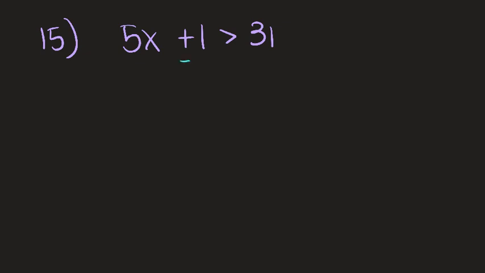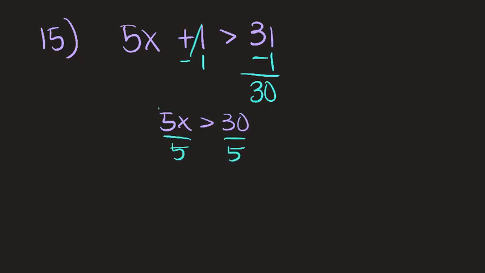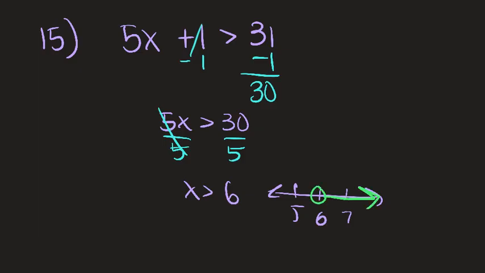All right, so we're going to do minus 1, cross out, what's my answer? Then we're going to rewrite the question. Then we're going to divide by 5, cross out, what's my answer? X is greater than 6. On a number line, we would have an open dot at 6, and I would be going to the right. So hopefully you typed in X is greater than 6.